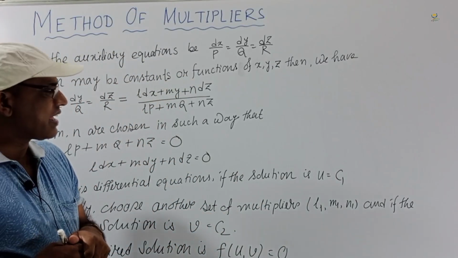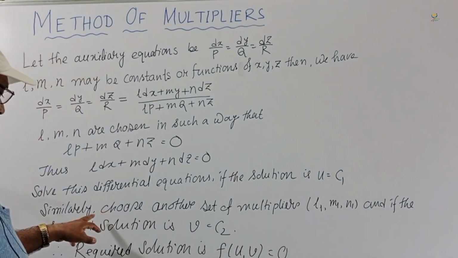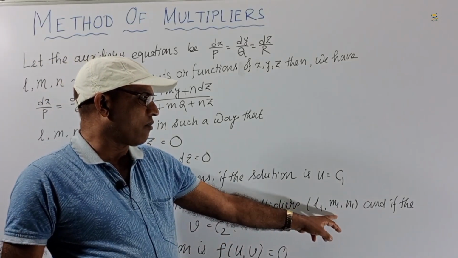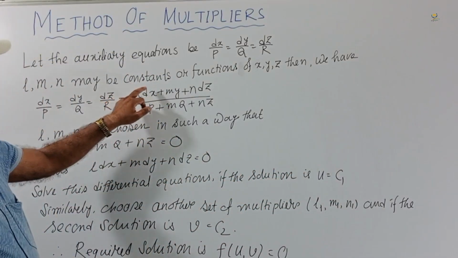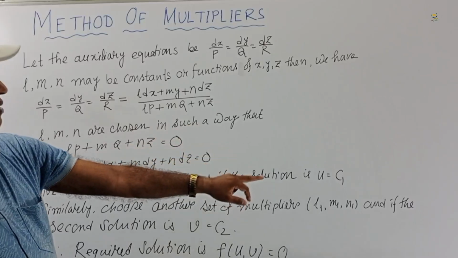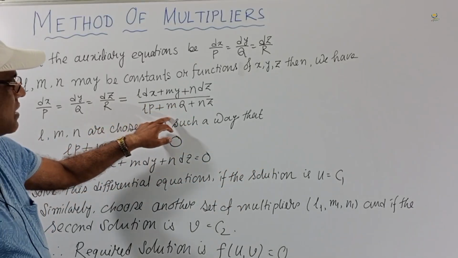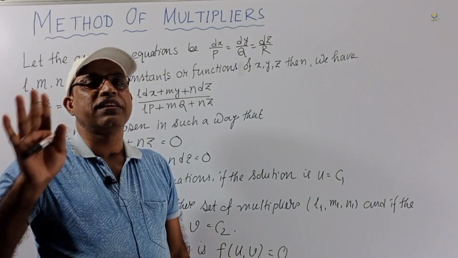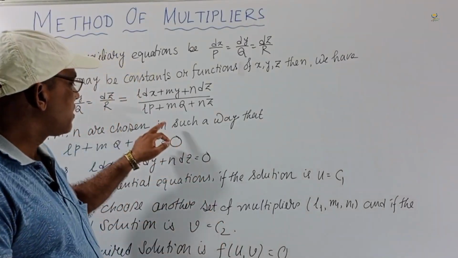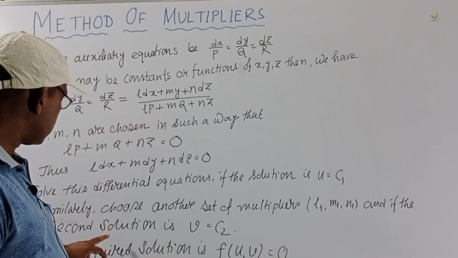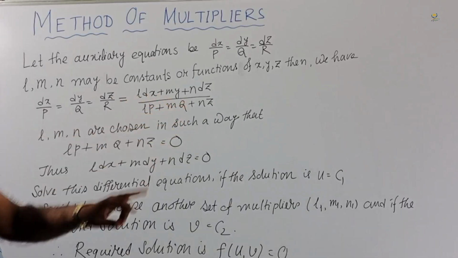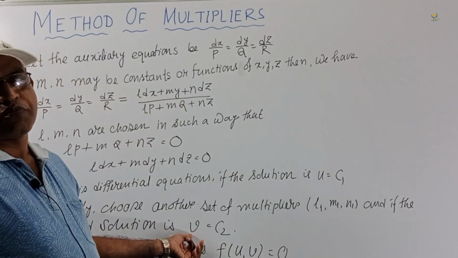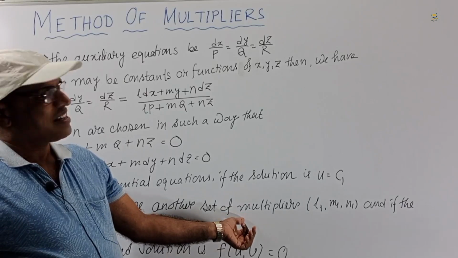First part is done. Again we consider another set of multipliers L1, M1, N1, in place of L, M, N. We choose them in such a way that the denominator is equal to 0, so the numerator is also 0. After solving, suppose the solution is V equal to C2.